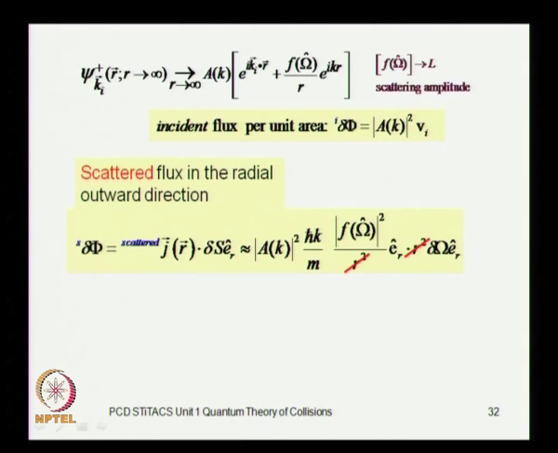In the scattered flux you have got r square in the denominator and r square in the numerator, so they cancel each other. And now you ask, what is the ratio of the scattered flux to the incident flux? So, how much of scattered flux do you get per unit incident flux? That is the question you are asking. It is going to be a measure of the probability of scattering, right. How much of scattering is taking place.